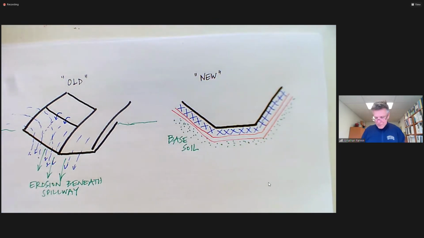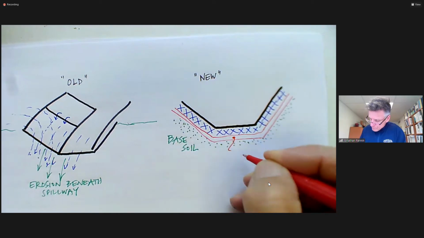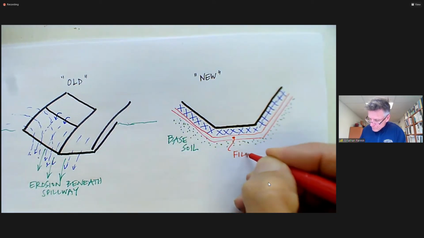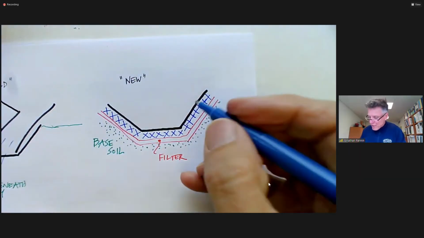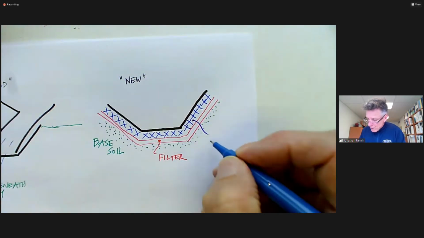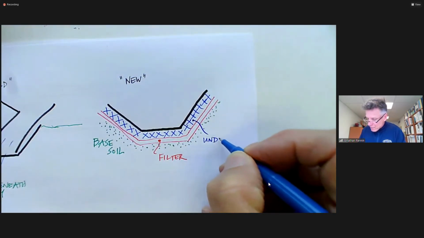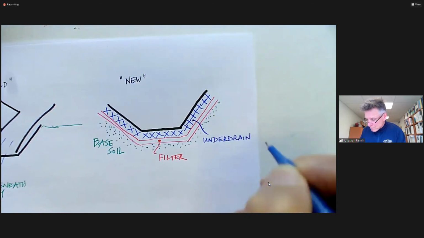I'm going to call this the filter. And I'm going to call this the drain. In fact, it's an under drain to the spillway. So let's call this an under drain. Okay.